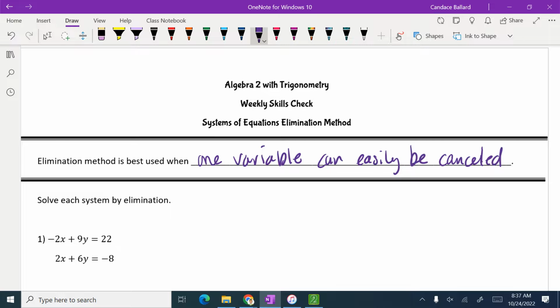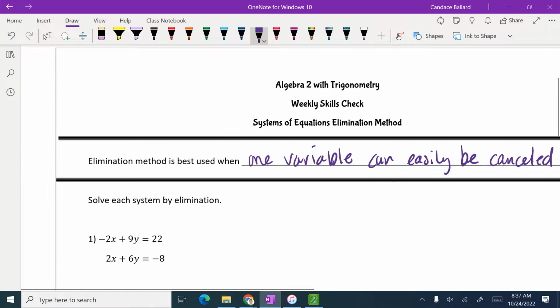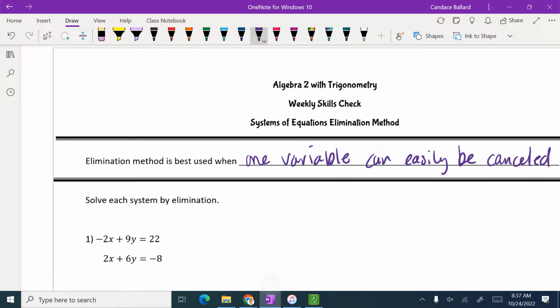So what we're looking for is the same number with opposite signs. And sometimes we get that, and sometimes we have to create it.